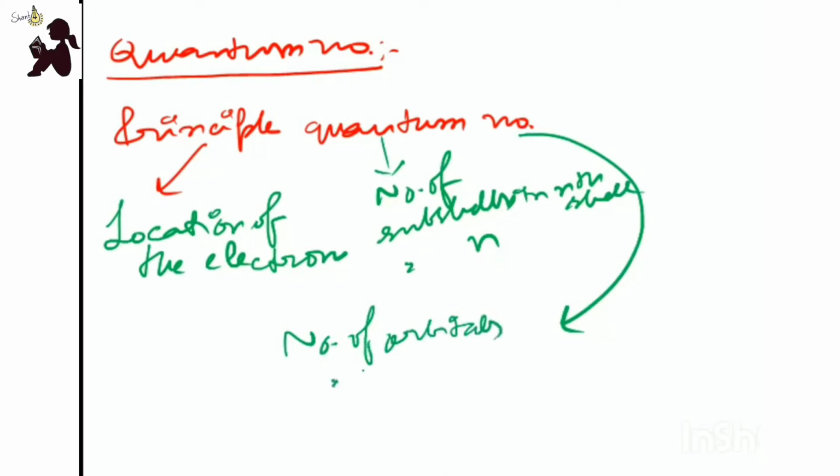What will be that? n square. The number of electrons in the nth shell will be 2n square. Okay. So it is our principal quantum number.